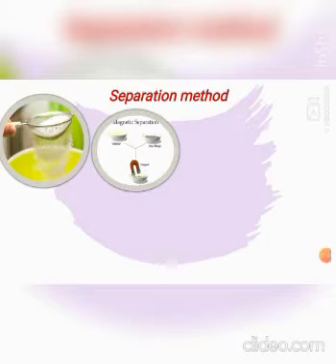In this method, a magnet attracts the iron, which has magnetic property, and the iron gets separated, and the remaining sulfur stays in the mixture. This is how magnetic separation works.